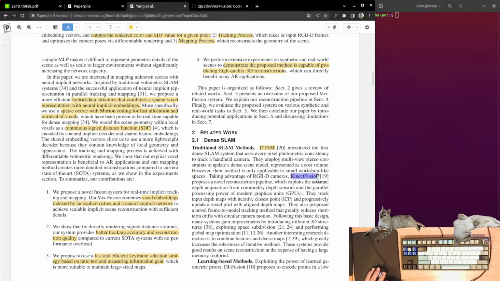KinectFusion. This is again another type of older work too, but this is with the OG Microsoft Kinect, which used to come with their Xboxes, and then eventually I think they started selling it as an individual sensor because a lot of people were using it for not just the Xbox, and a lot of sensors are kind of based on this technology, which projects infrared patterns and then uses an infrared camera to measure the distortion on those patterns.